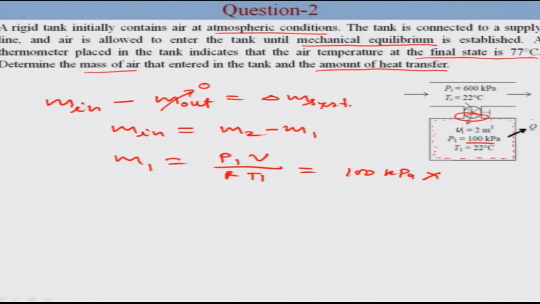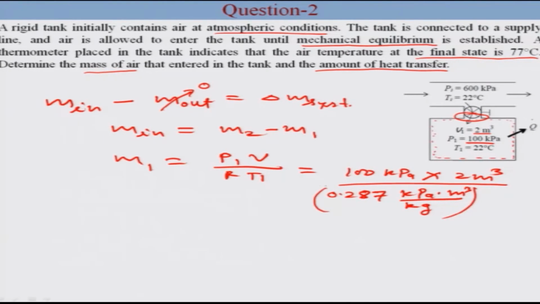Volume of the tank is 2 meter cube, and gas constant for air is 0.287 kilopascal meter cube per kg Kelvin, and temperature is 295 Kelvin, corresponding to 22 degrees centigrade. So M1 we will get here as 2.362 kg.